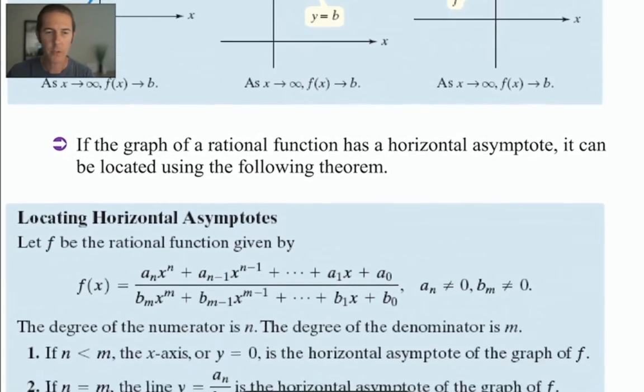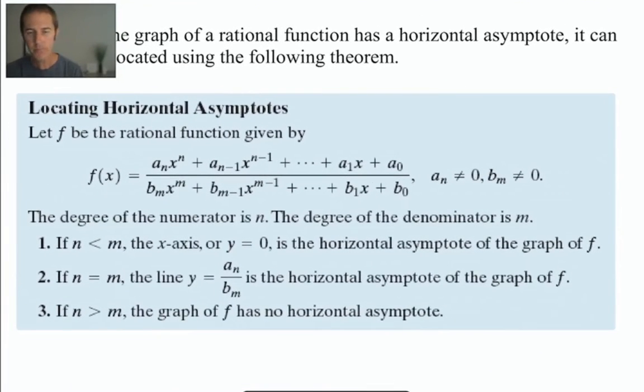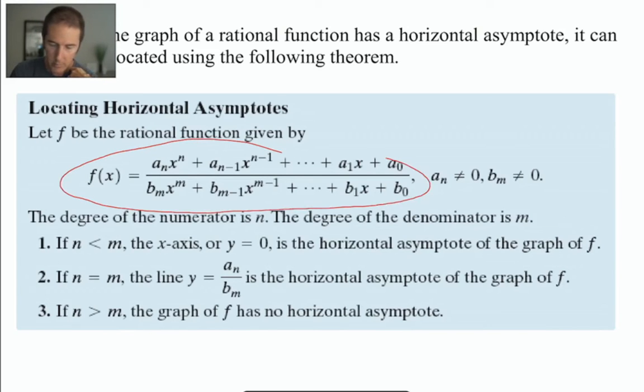How am I supposed to determine or locate horizontal asymptotes? It's a little test, okay? It's one of 3 different possibilities. First of all, let's look at this very generic rational function that we have here. The numerator is a polynomial. The denominator is a polynomial.